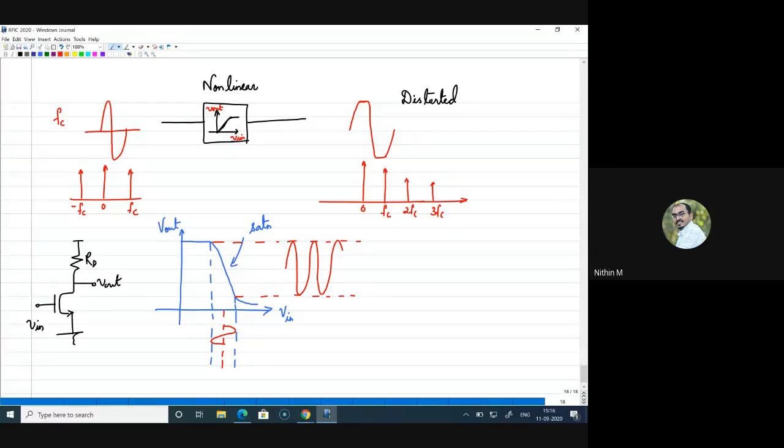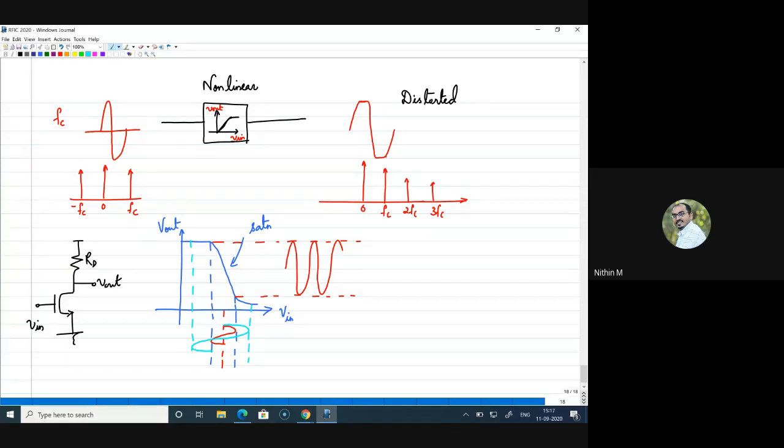Now if your input signal is large enough, let me use a different color. If my input signal is large enough, in the sense if your input signal is moving in this form, now what happens? Now your input signal is moving out of the linear part of the graph.